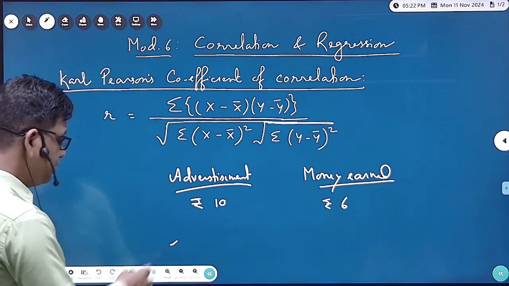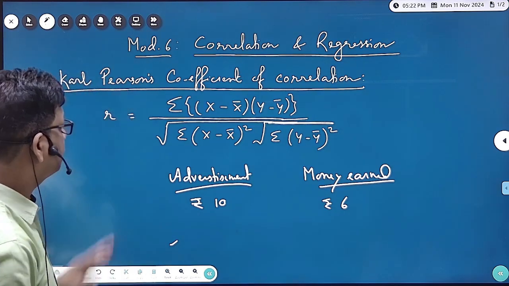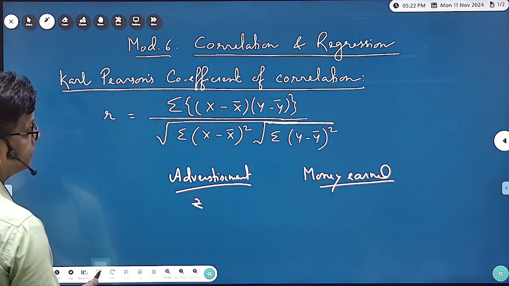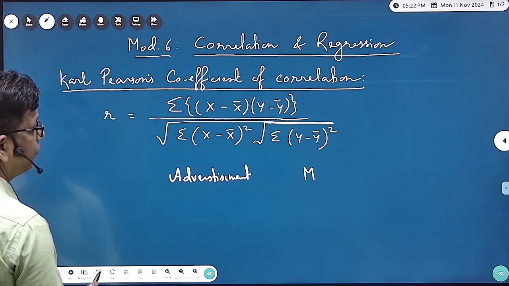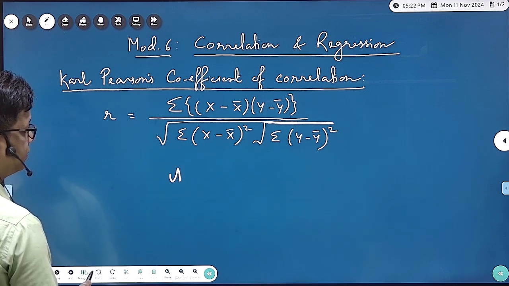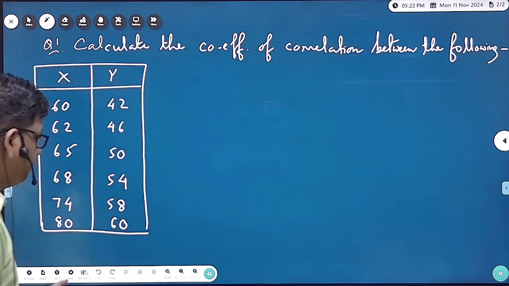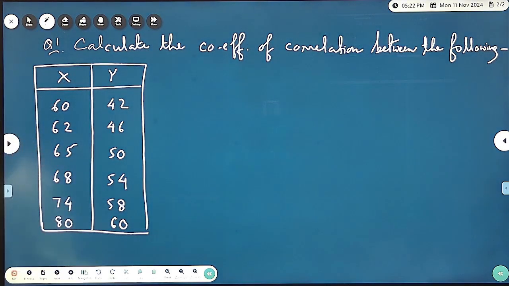So what is the correlation coefficient? The correlation coefficient gives us a hint, so we can easily understand whether we are in a benefited mode or not. This is one example.